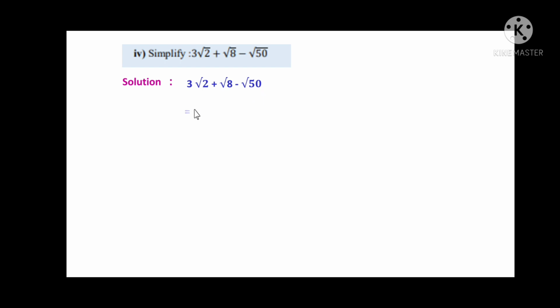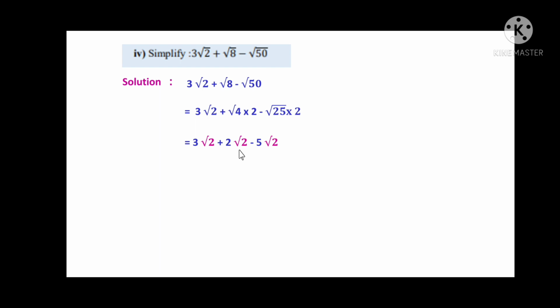Here we'll write as it is 3 root 2 plus this 8 can be written as root of 4 into 2, minus this 50 can also be written by splitting it into factors as 25 into 2. Here in each term we'll take the square root of this 4 and this 25, so you can write 3 root 2 plus square root of 4 is 2 root 2 minus square root of 25 is 5 root 2.